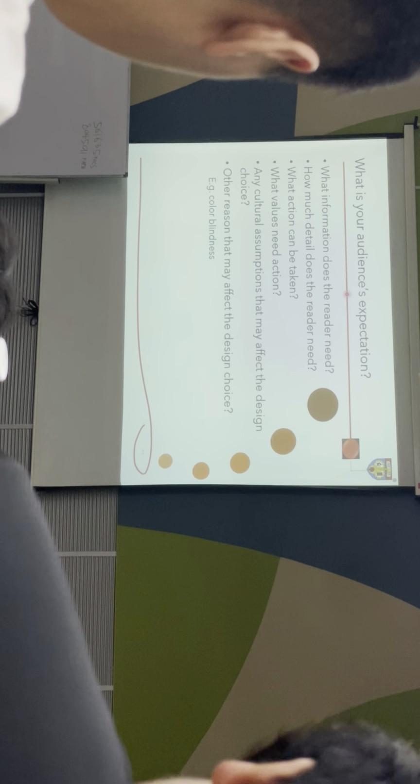So color blindness, language barrier, and also visual impairment will affect the readability and also the interpretation of your data visualization. So you need to make sure that your data visualization or your design is accessible to a diverse audience.